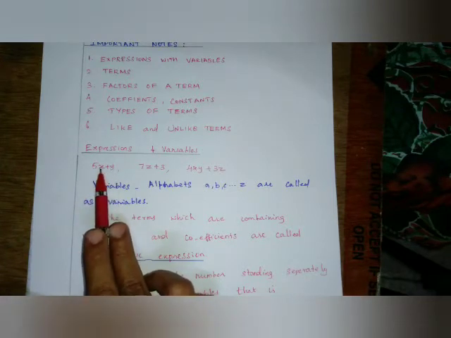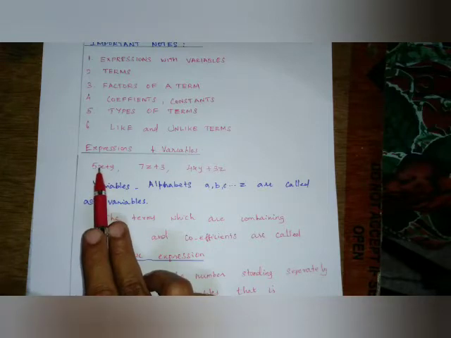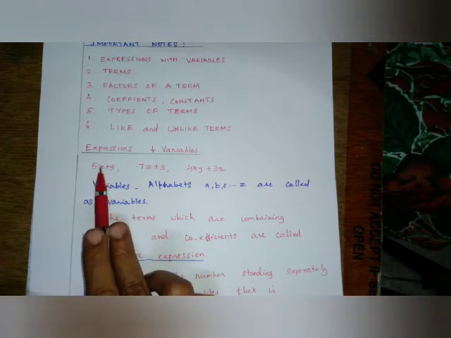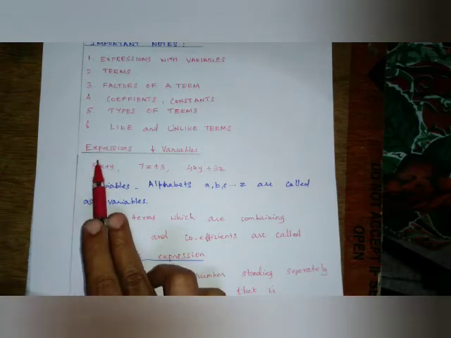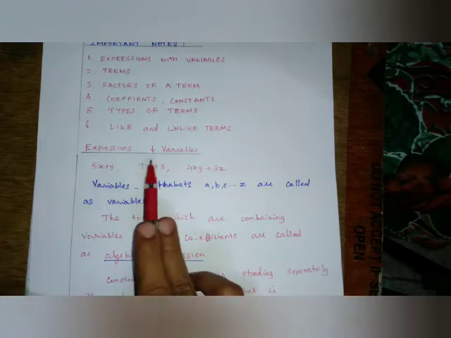In this term, with variable x, we have the number 5. It means multiplication in the algebraic expression: 5 into x, multiplying with x, 5x. So here 5 is the coefficient of x.